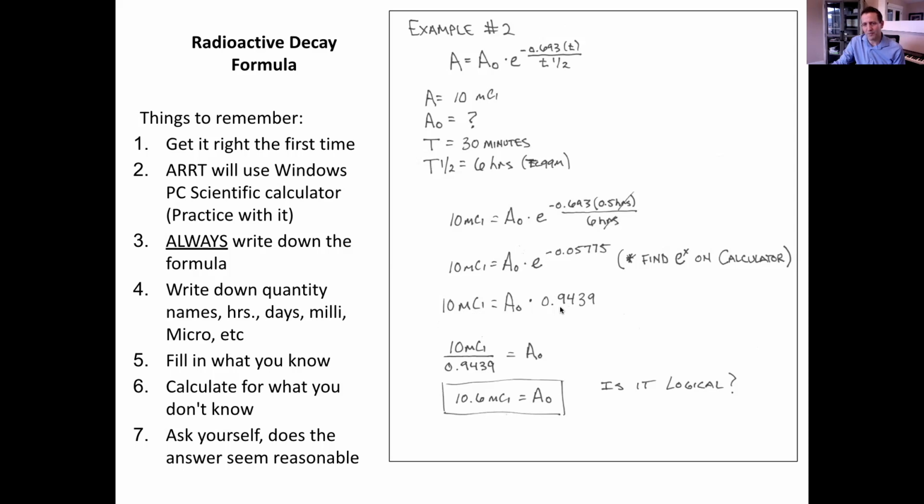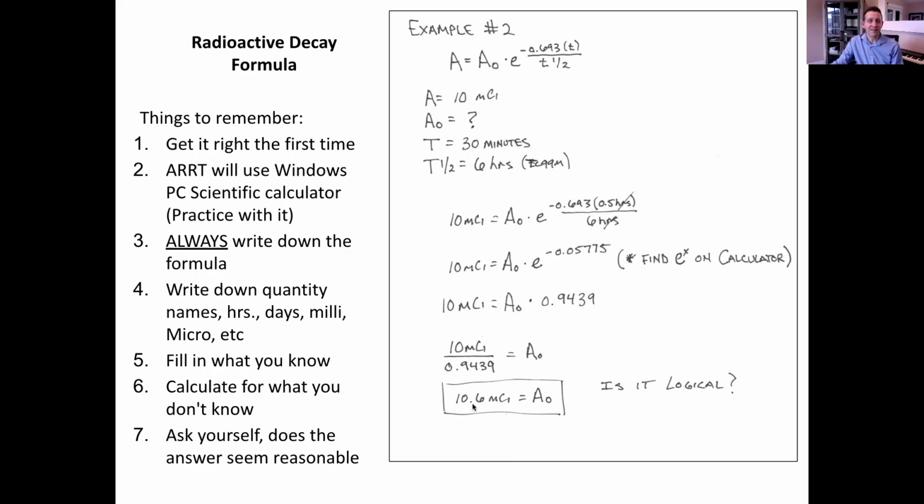If I divide by 0.9439 on the right side of the equation, I have to do it on the left side of the equation. On the right side, it cancels out, and I'm left with original activity by itself. On the left side, I divide by 0.9439, and I get 10.6 millicuries. So the original activity was 10.6 millicuries.